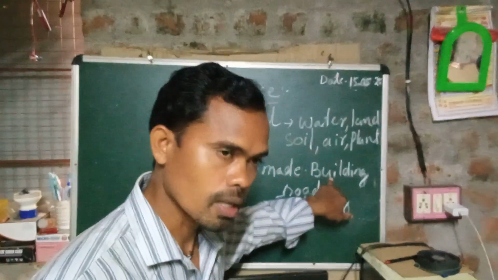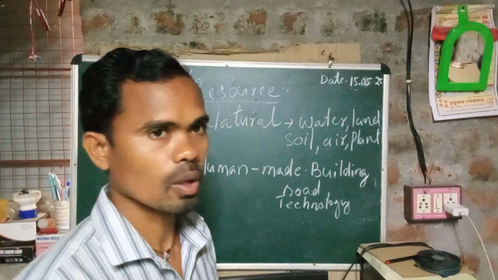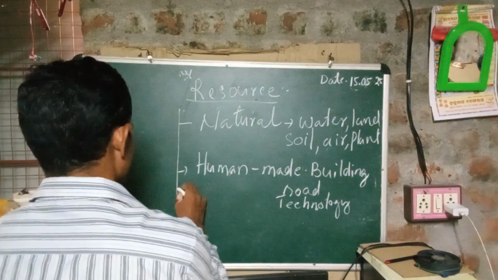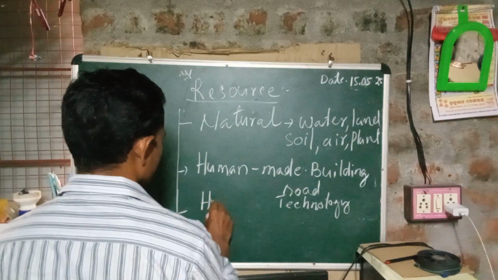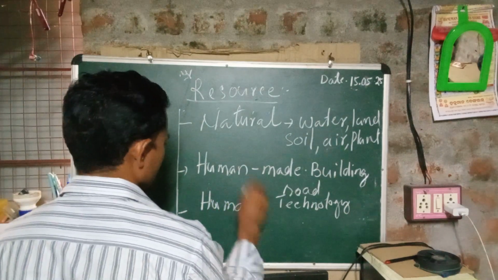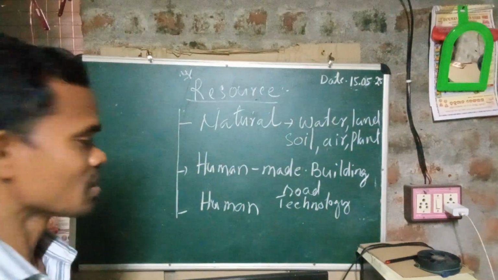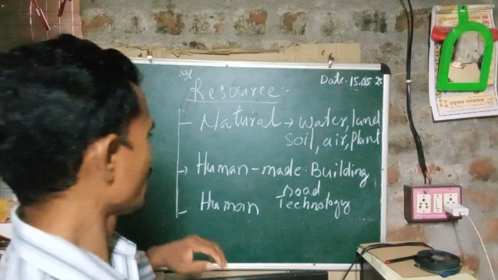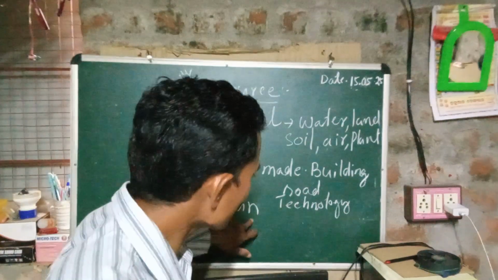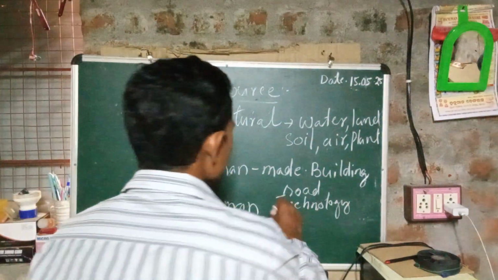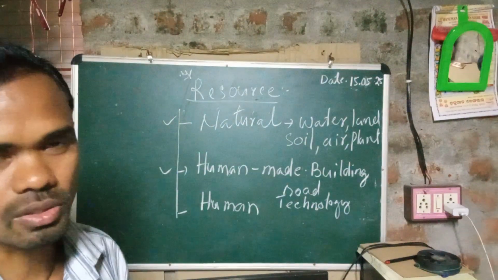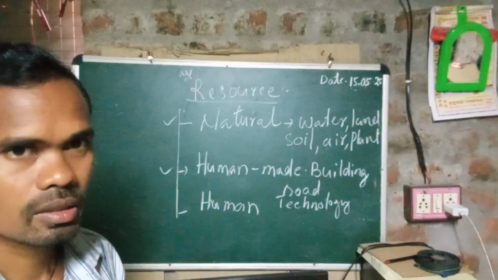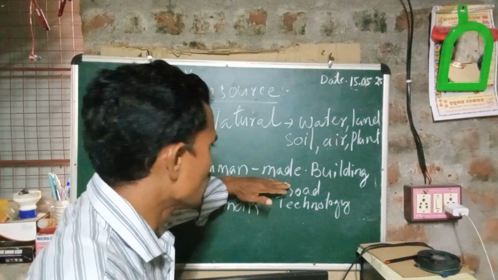Building has also got value. Okay, last but not least on the list, that is human. So, my dear students, only humans can use all these things, natural or human-made resources.